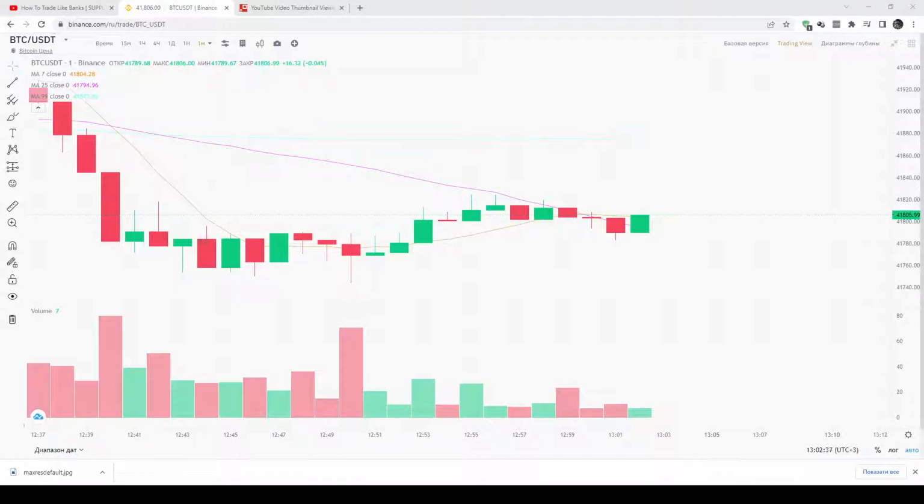Supply and demand trading is a method where the idea is to find points in the market where price has made a strong advance or decline and mark this area as a supply or demand zone using rectangles.